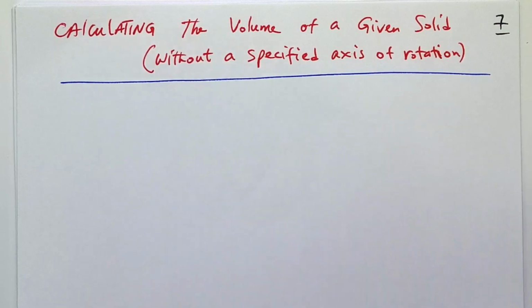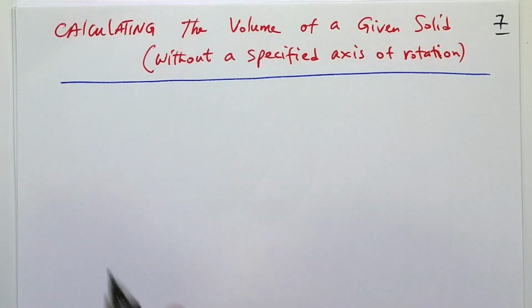Now, with these types of problems, you either might have a disk cross-sectional area, a washer cross-sectional area, which you'll have to determine which one will apply, or if neither one will apply, then we'll have to use elementary geometry to establish a cross-sectional area that is neither a disk nor a washer cross-sectional area, but it's a cross-sectional area that you can then integrate over a certain interval.